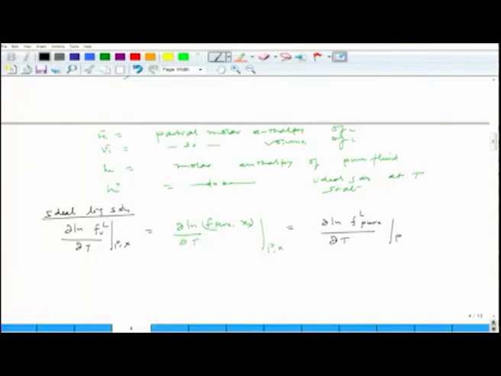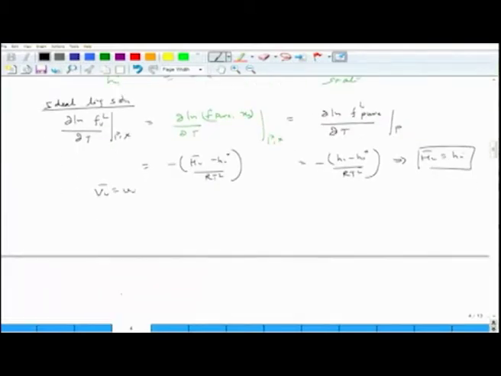So this essentially means this should be minus of Hi bar minus Hi 0 by RT square, and on the other hand, this is a pure fluid, so this should be Hi minus Hi 0 by RT square. Now this must be the same, this implies that Hi bar is equal to Hi for the case of ideal solution. Similarly, you can show that for the case of ideal solution Vi bar is equal to Vi.